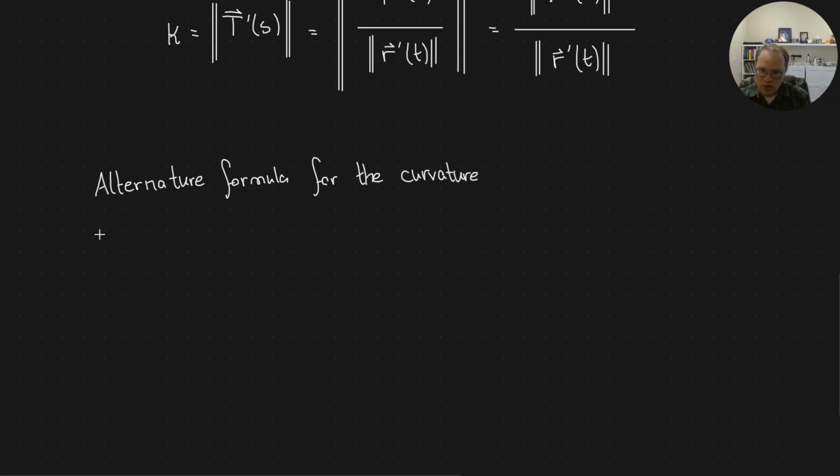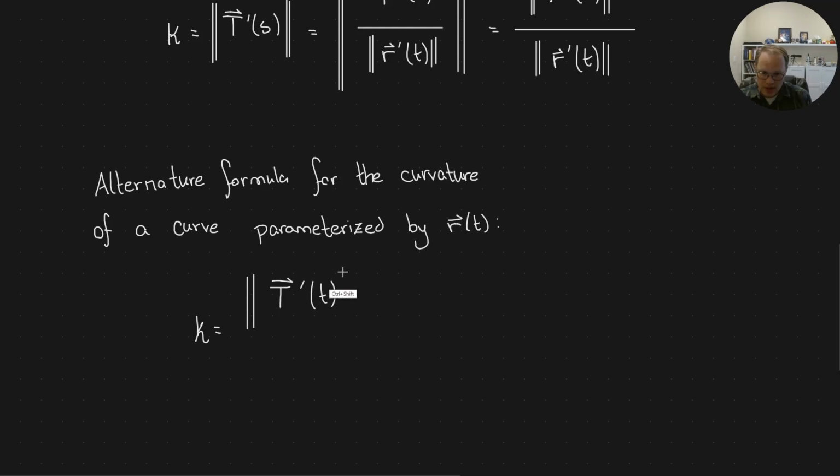For the curvature of a curve parameterized by r of t, that curvature is just the norm of the derivative of the unit tangent vector using t as the parameter divided by the norm of r prime of t.